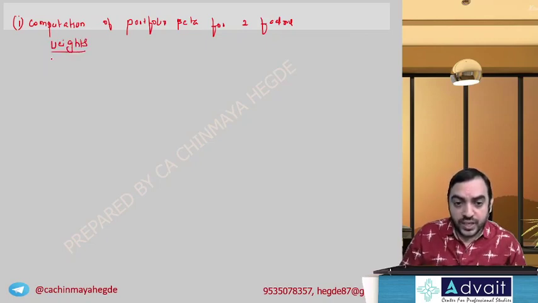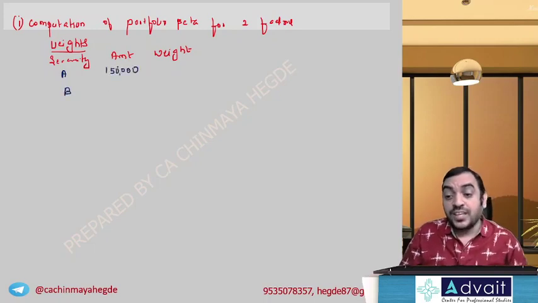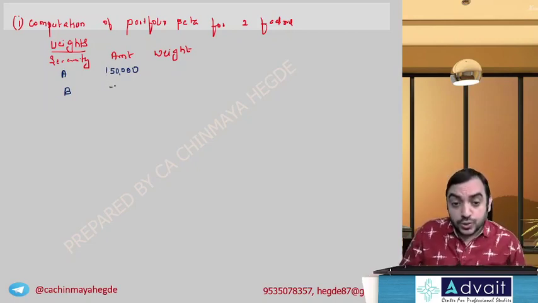For weight purpose, a simple tabular calculation: security, amount, weight. We have security A, security B. For security A, I will write 1,50,000. You have invested 1,50,000. In B, you have borrowed, so minus 50,000.